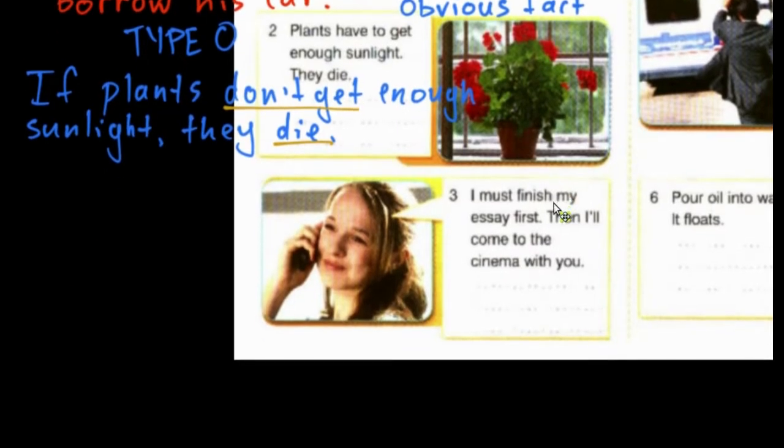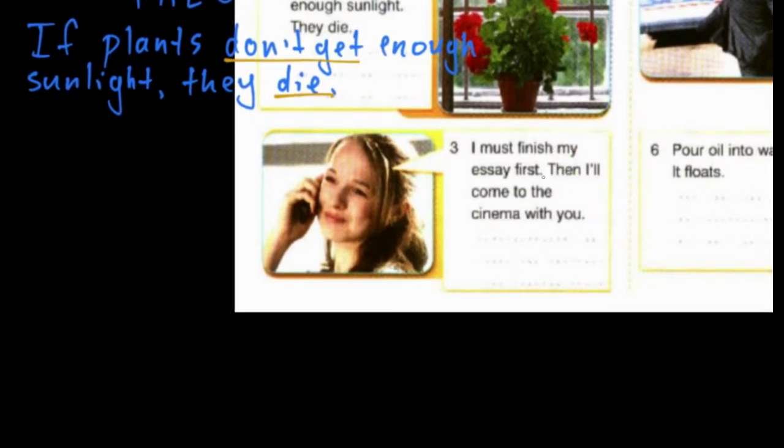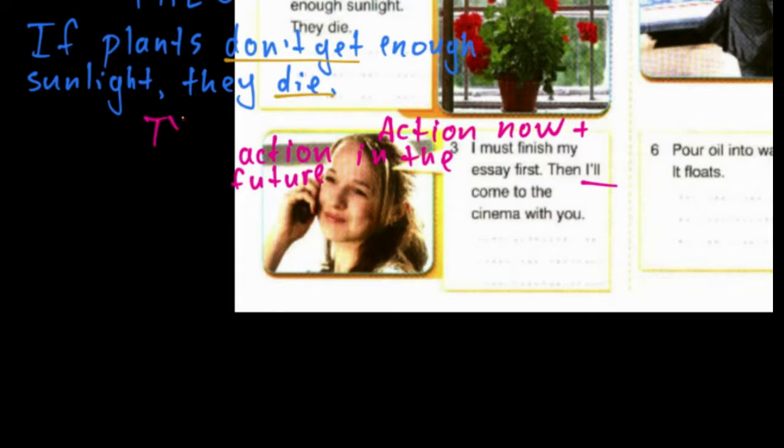Okay, what about number 3? I must finish my essay first. Then I'll come to the cinema with you. Okay, here we talk about the present situation. The girl is writing some essay at the moment, and then we talk about some action in the future. So plus action in the future. In this case, we use so-called type 1 condition.